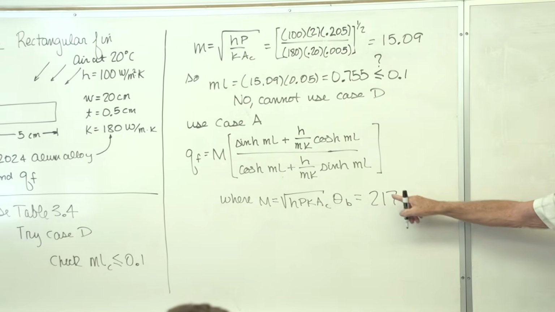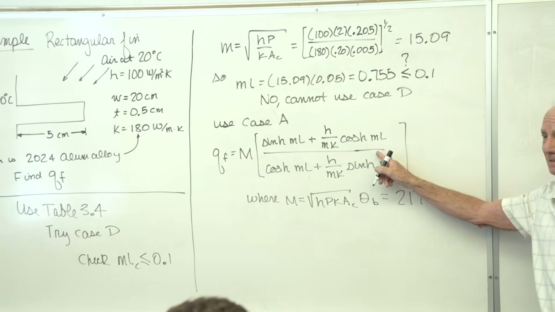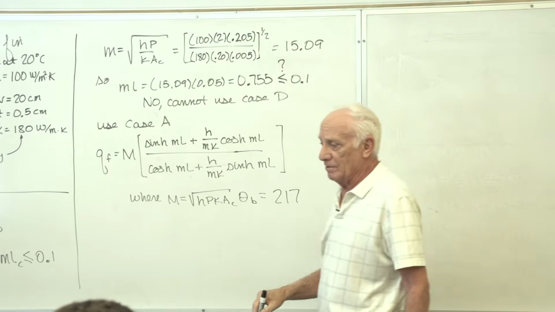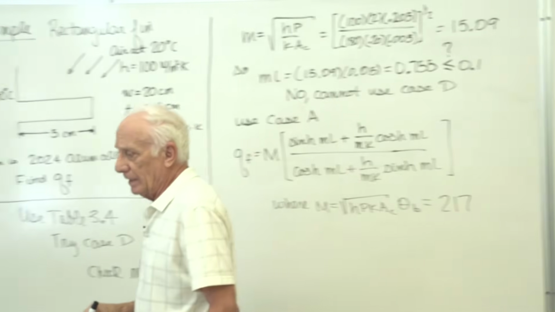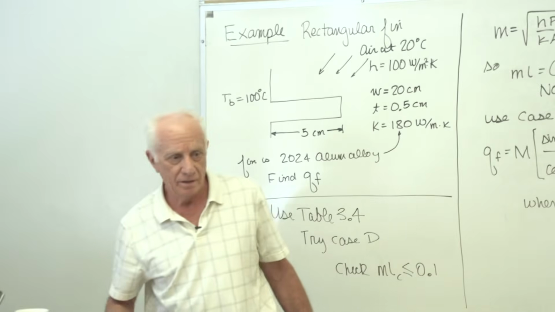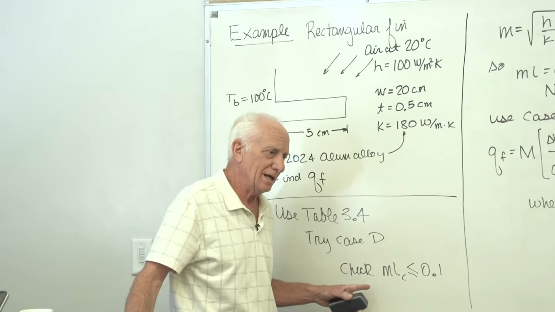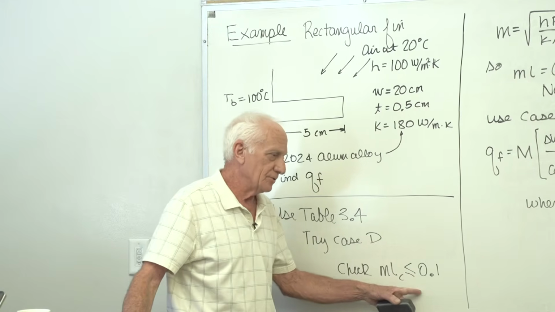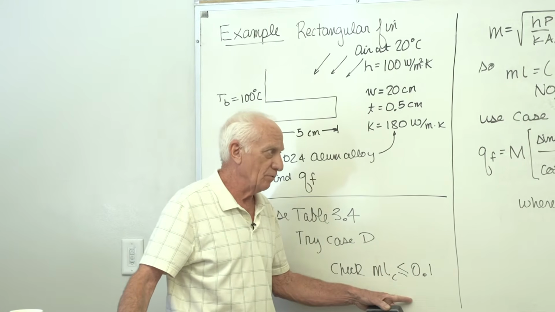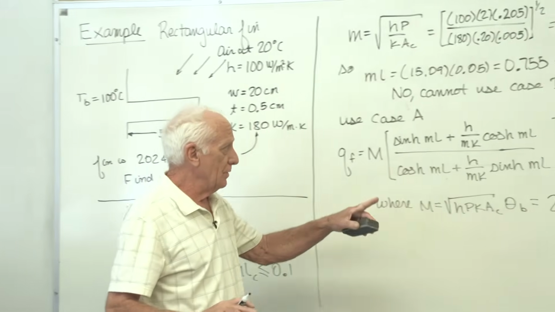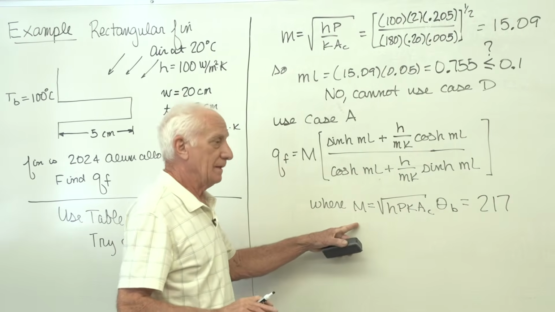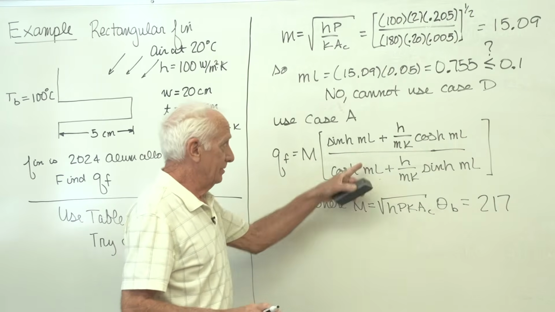But since it's not, I've got to use this big thing here, and I have to go in here and find 4 hyperbolic functions, maybe interpolate. That's a lot of work. So you check this to see if you can get rid of some work, make life easier for yourself. If that's true, the fin can be modeled as if it were infinitely long, and that means QF is equal to capital M.